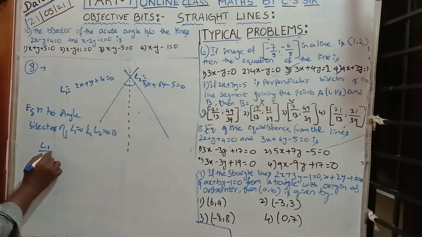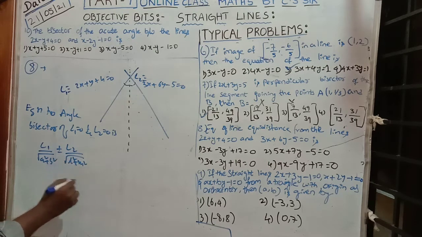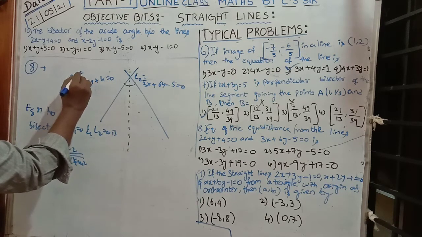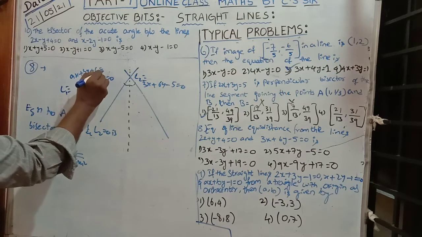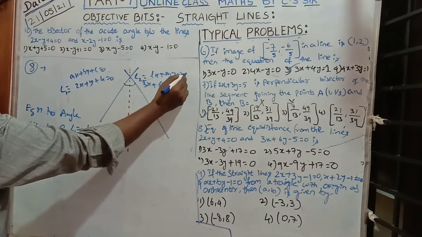L1 by root of a squared plus b squared, plus or minus L2 by root of l squared plus m squared. Suppose L1 is ax plus by plus c equal to 0 and L2 is lx plus my plus n equal to 0.